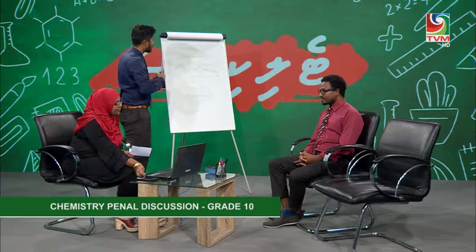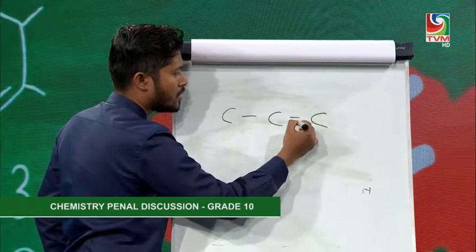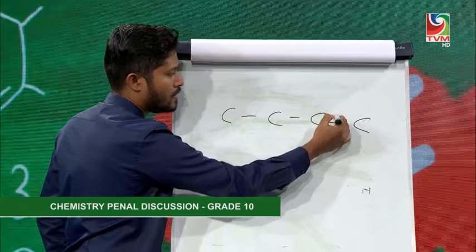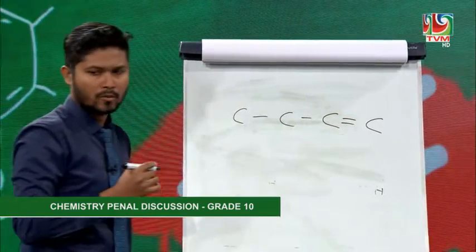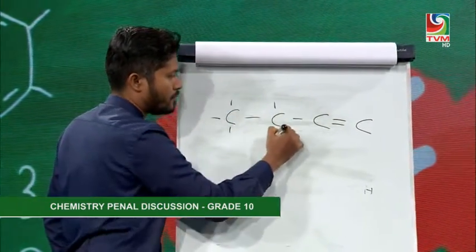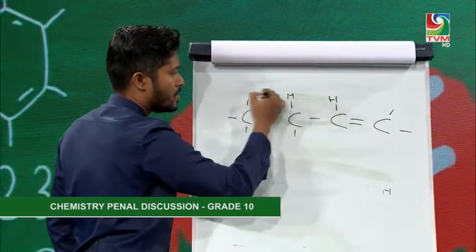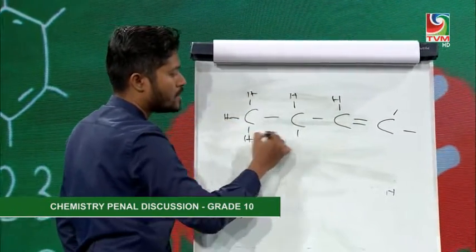That's how the structure is. So when we draw the structure of an alkene, usually it has only one carbon-carbon double bond. Okay. The single bonds will be the carbon-hydrogen single bonds.